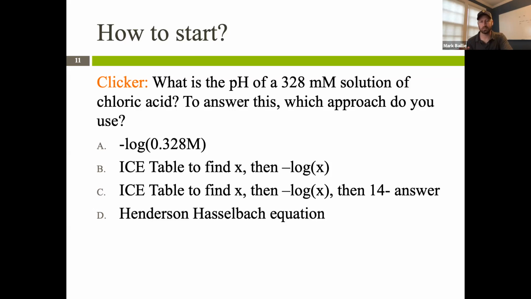In this case, it's the H+ or hydronium ion concentration. So we take the negative log of that, it's the pH. If it's a base, what we're finding is actually the OH- concentration, and that's when we have to use answer C. So it's really important you do that first step and do it properly.